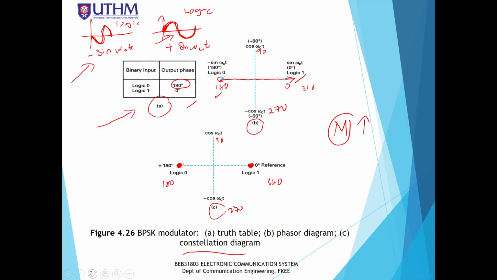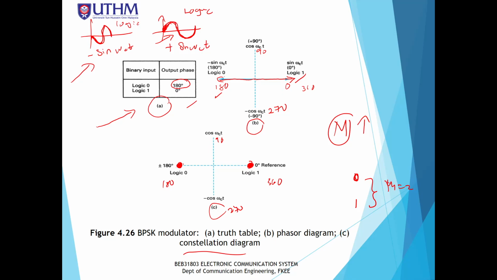BPSK only consists of two symbols, for logic 0 and 1. M equal to 2. So we're gonna have two constellation points only, two dots only.